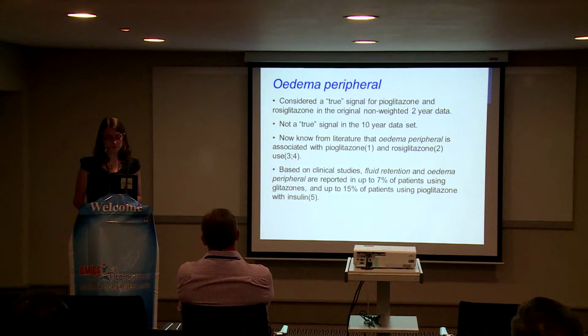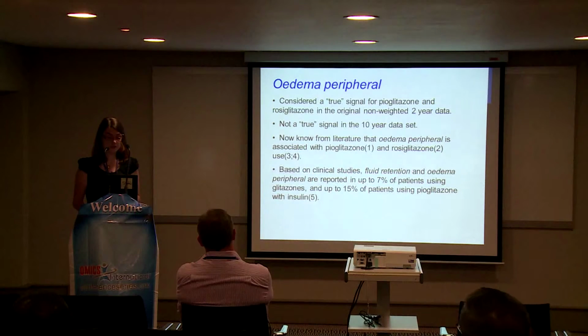So in the literature now, conducted from 2009 onwards, there are many studies that have discussed the association of glitazones, particularly pioglitazone and rosiglitazone, with cardiac failure, fluid retention, and edema peripheral. So it's now considered a true signal for both.